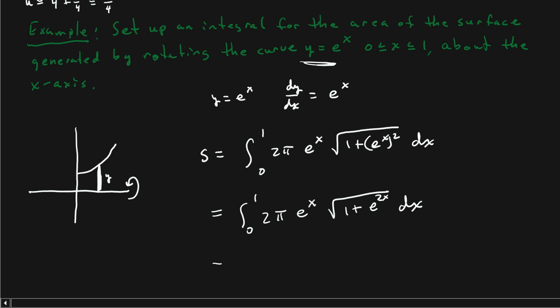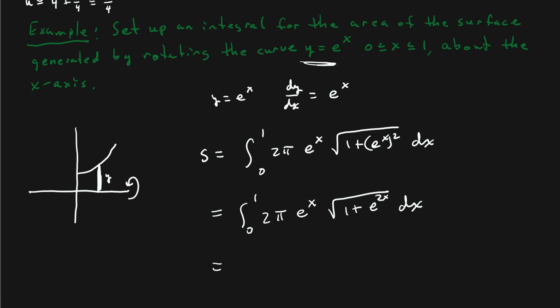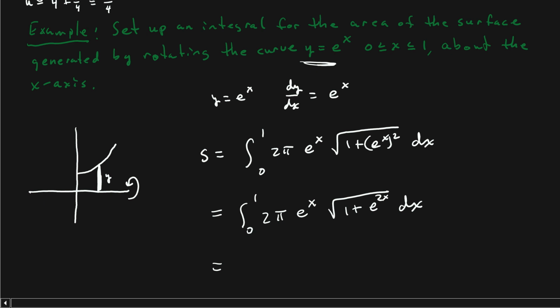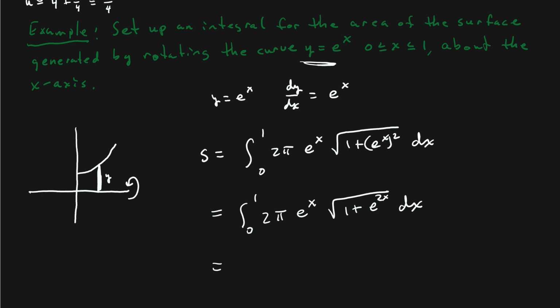And then for this one, you would probably just pop that into a program. The directions say exactly what I have written here, and then it says to evaluate the integral numerically, correct to 3 decimal places.